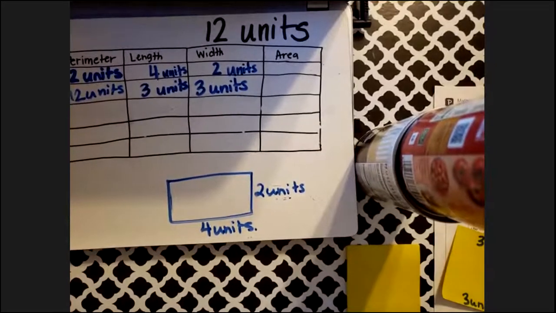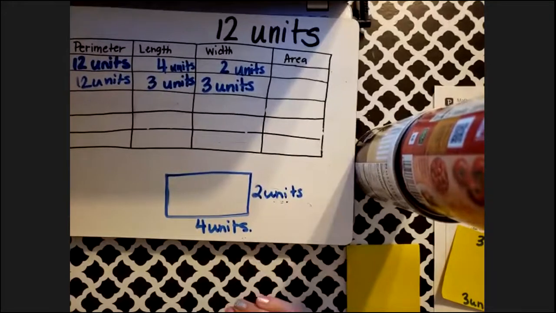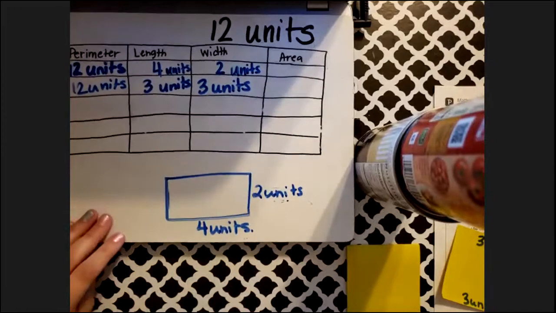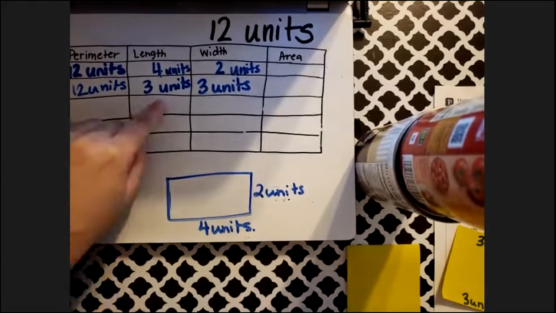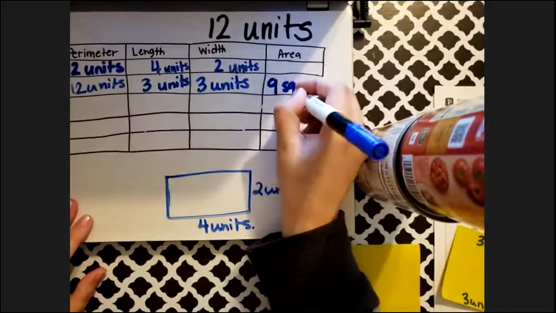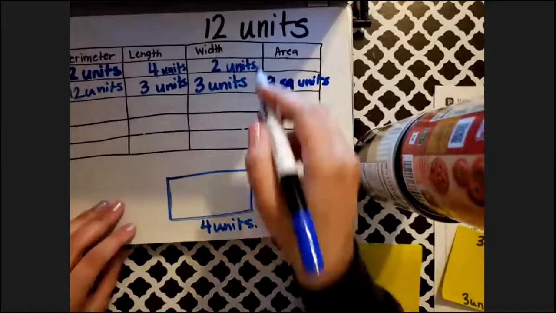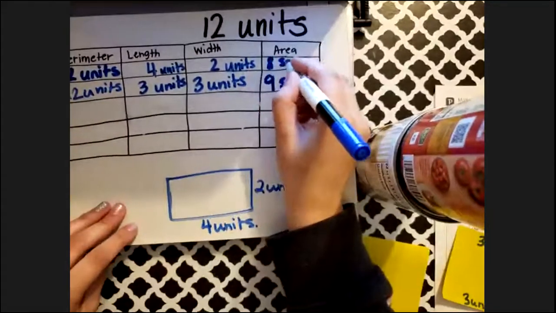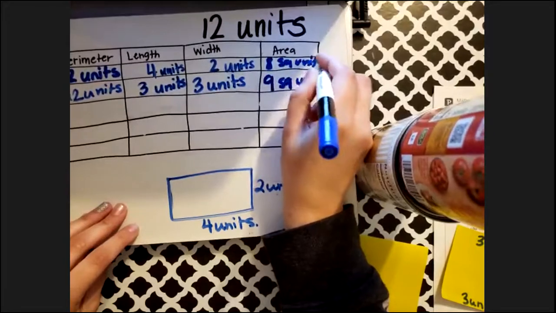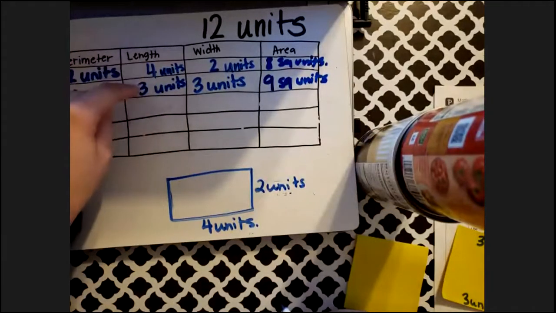Okay, so we successfully found 2 rectangles that have the same perimeter, and they will have different areas. Just for the sake of time, I would do 3 times 3, which is 9 square units. Then I would do 4 times 2, which is 8 square units. Just like I did before, what's the pattern with 4 and 2 and 3 and 3?